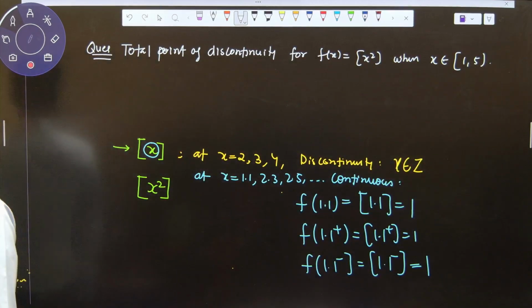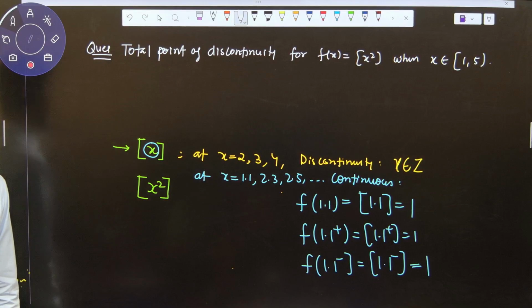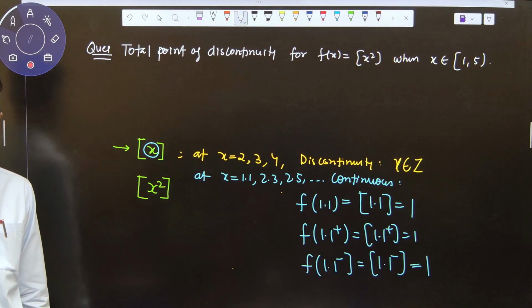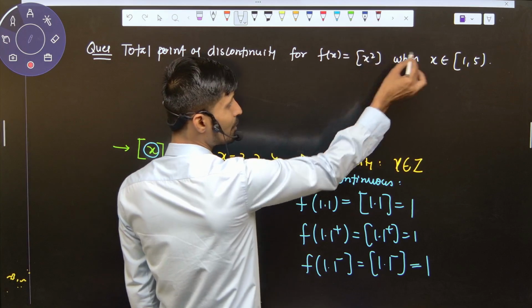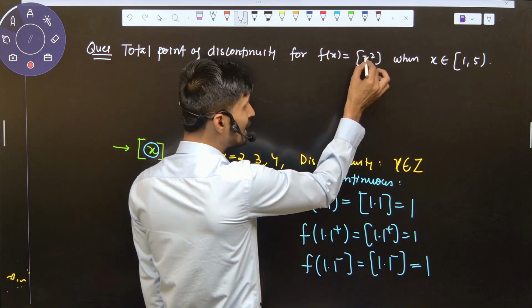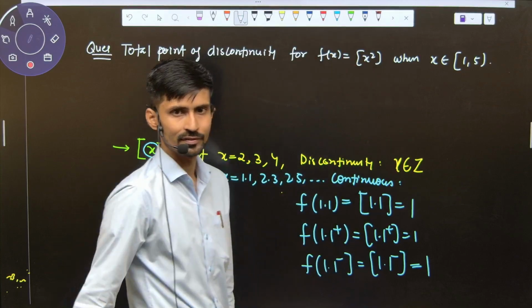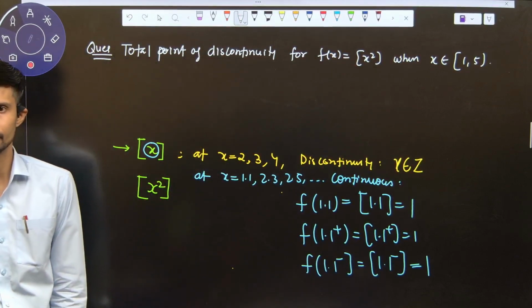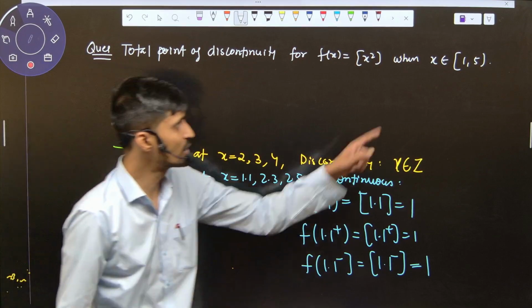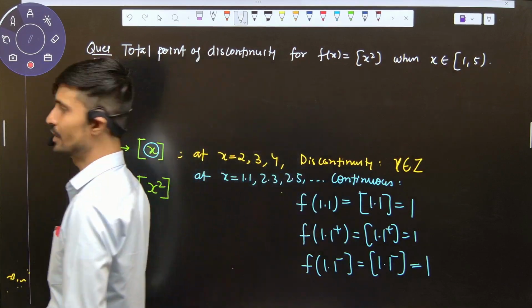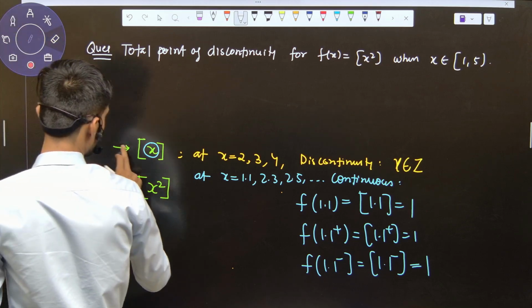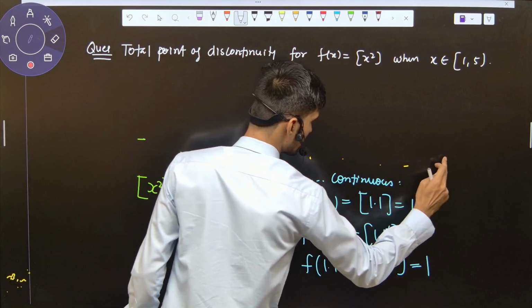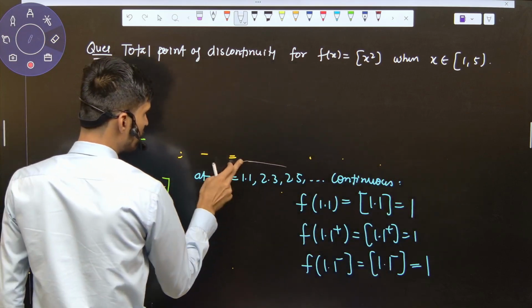So when x is lying between 1 to 5, we have to find at how many points the function is discontinuous. x square is not lying between 1 to 5, x is lying between 1 to 5. And both sides are closed brackets, which means 1 and 5 we have to include. So write down that question.